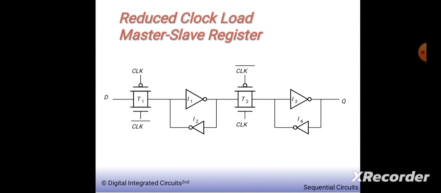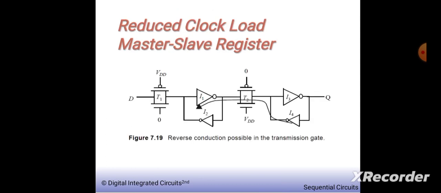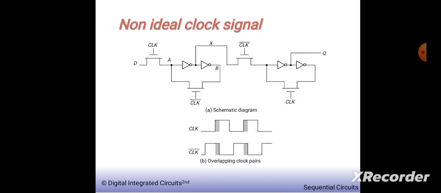With this we are able to reduce the clock load. Reverse conduction is also possible in this transmission gate. If you take a non-ideal clock signal, we may control the entire circuit by giving the clock signal.